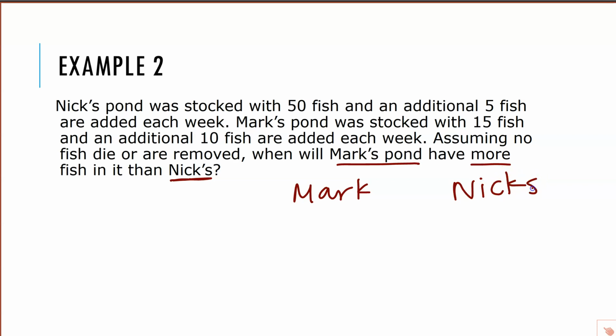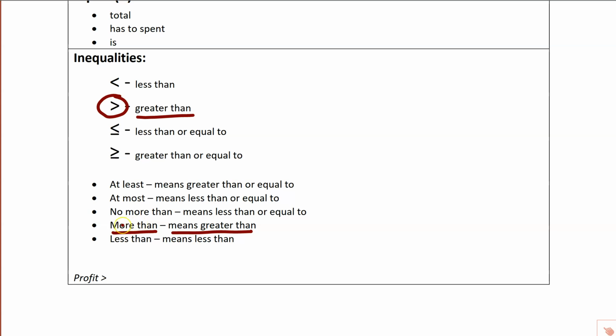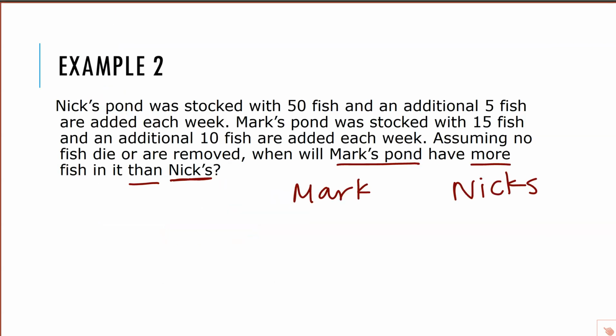And if you look at the question, when will Mark's pond have more than? So more than, again, I look at my keywords and it is the same one that we just used. More than means greater than. So this is the sign that we're going to be using. So Mark is more than Nick's. All right, and then we do mx plus b, mx plus b.